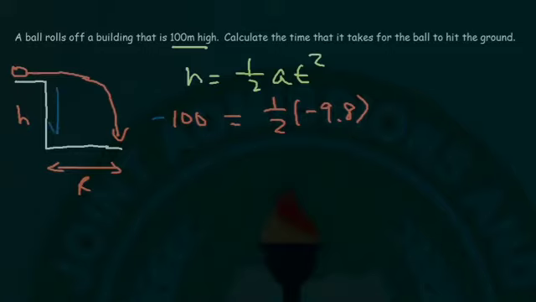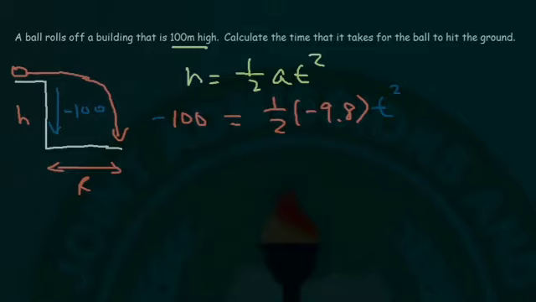The ball travels 100 meters down in the y direction. But either way, the negative signs will cancel, so just know that time has to be positive.